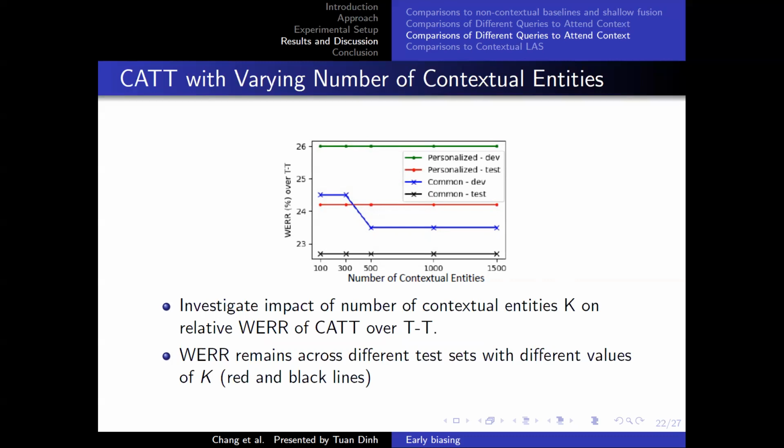The x-axis shows the number of contextual entities, or K. And we can see that the word error rate reduction remains across different datasets with different values of K, the red and black lines.